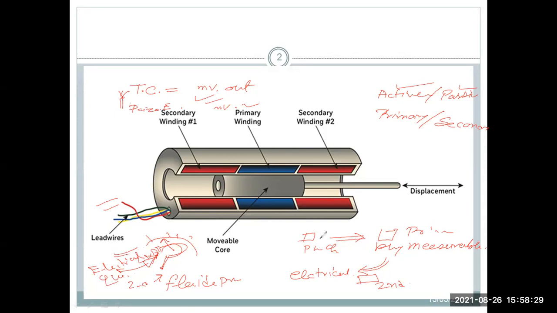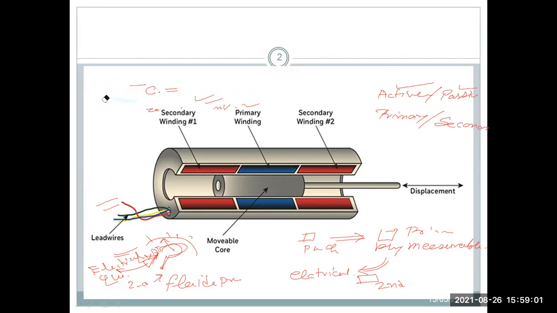First one is primary transducer, second one is the secondary transducer. The primary transducer only converts any physical phenomenon into a physical quantity for measurement purpose, just like a scale or analog indication. And the secondary transducer is a device which can convert any physical measurable quantity into an electrical measurable quantity, or electrical signal rather you can say.